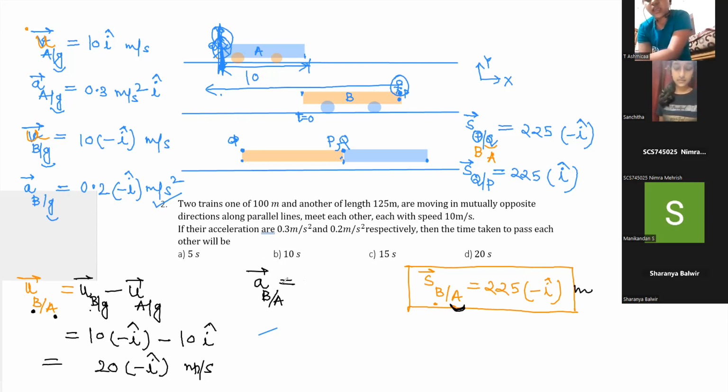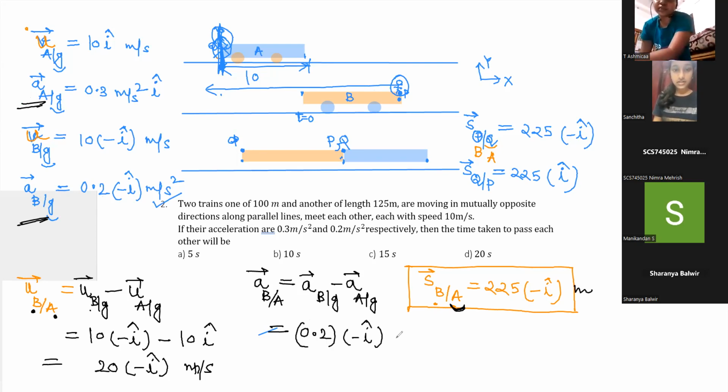It's ABG minus AAG. And what is it? It's 0.2 minus I cap minus 0.3 plus I cap. So this is 0.5 minus I cap.